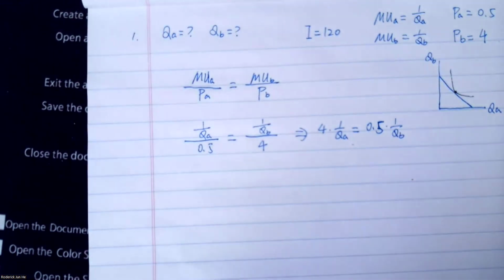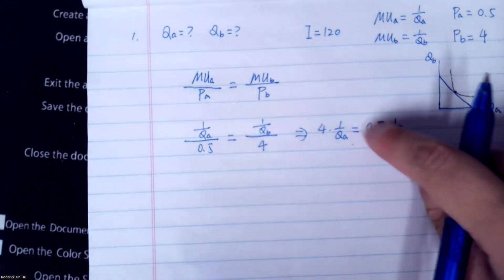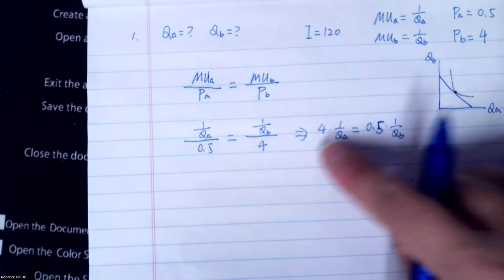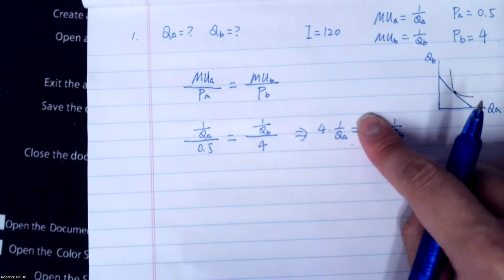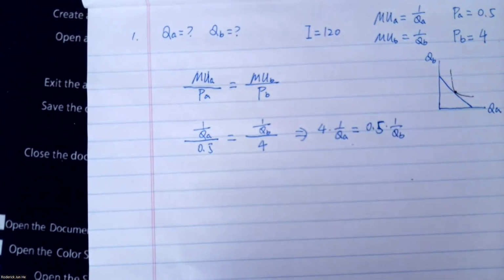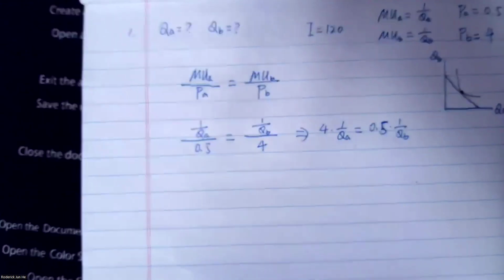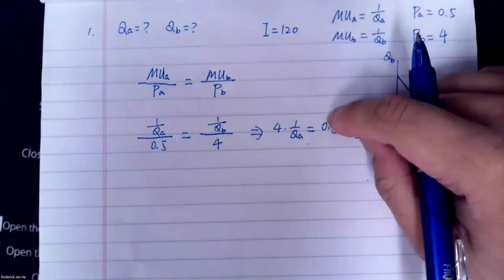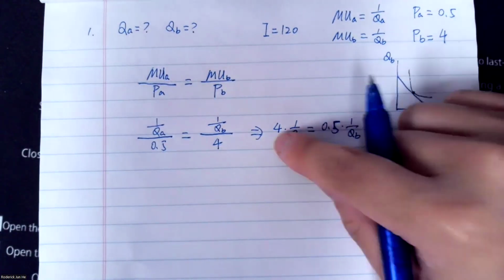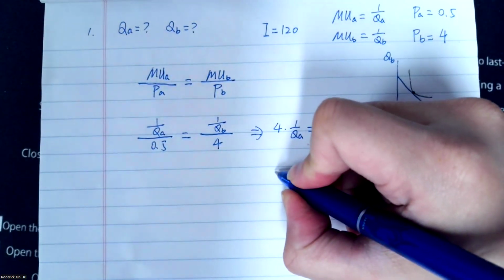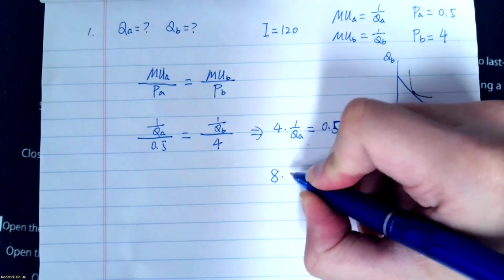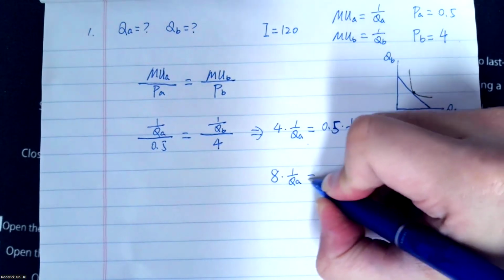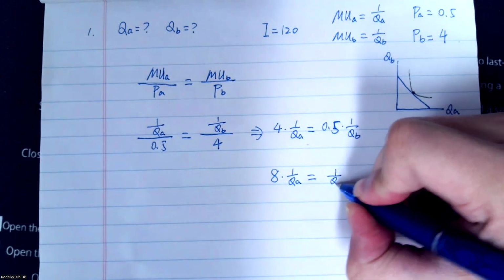Okay, and here we can divide both sides of the equation by 0.5 so as to eliminate the decimal. We don't want a decimal and fraction to appear at the same time so as to mess up things. So 4 over 0.5 is 8, so 8 times 1 over QA equals 1 over QB.